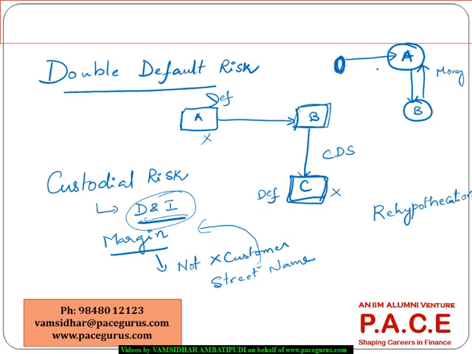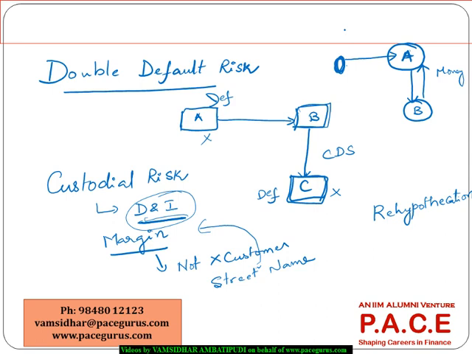So even rehypothecation is one more variant of counterparty risk itself. The three major variants of counterparty risk are double default risk, custodial risk, and the risk associated with rehypothecation.